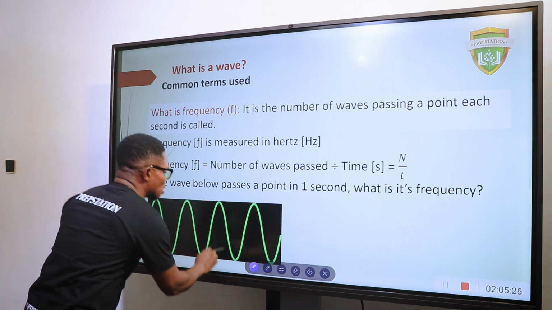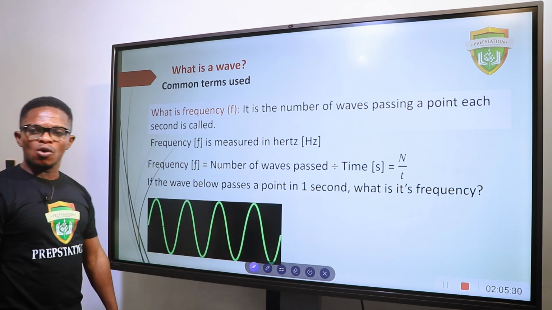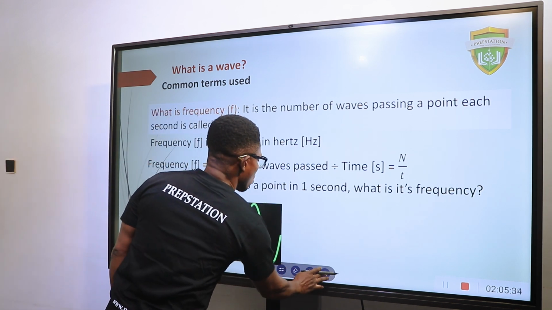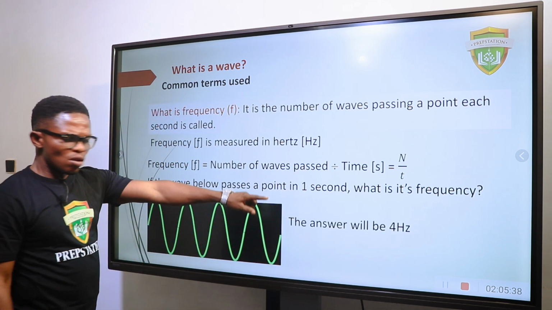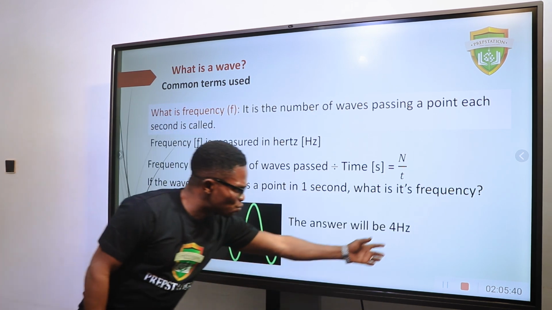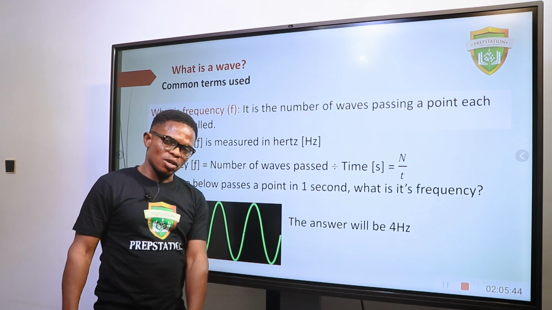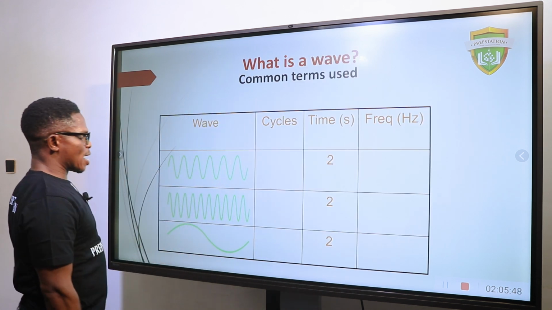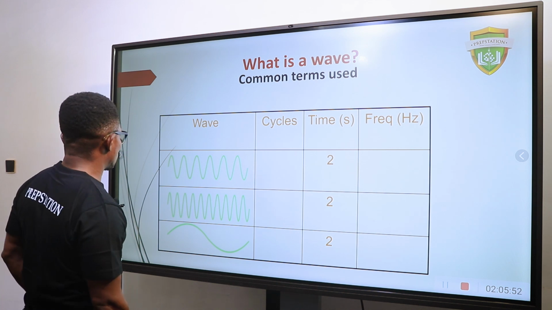You continue like that: 3 waves, and here we have 4 waves. So I can simply say the frequency of this wave is 4 hertz. The meaning of 4 hertz is that we have 4 waves passing this point in just 1 second. All right, let's quickly test our understanding.